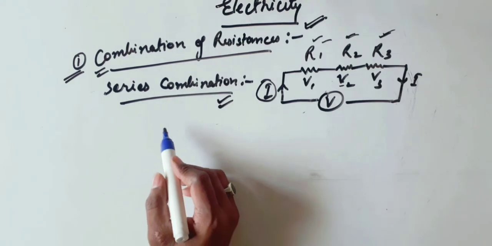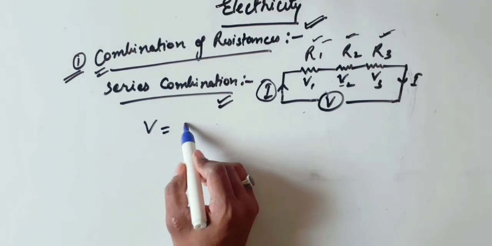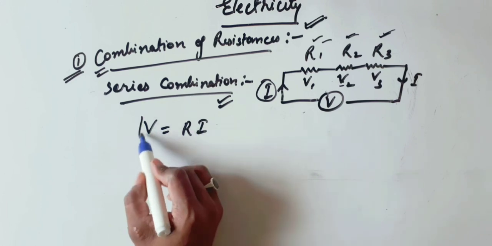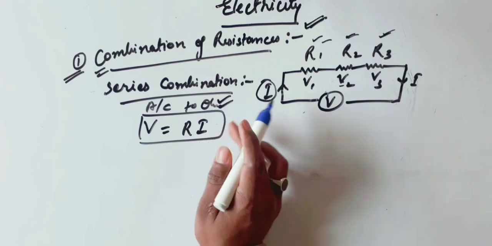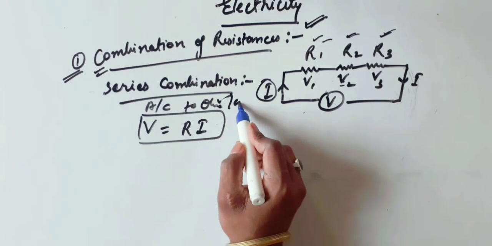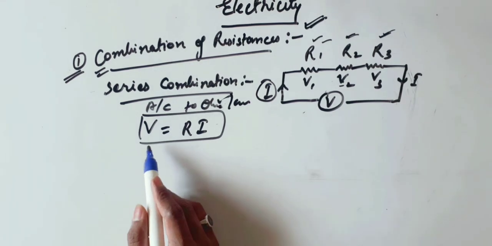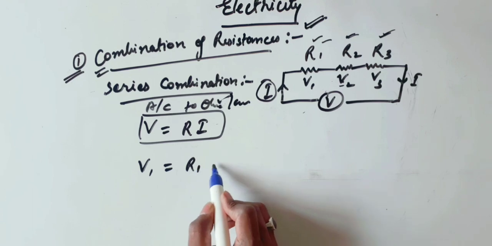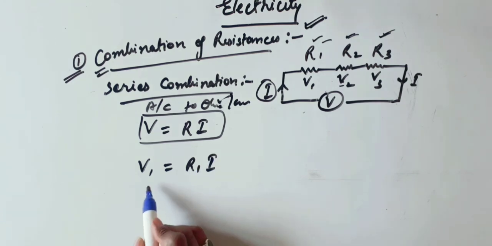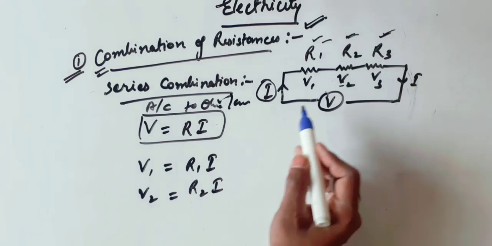So friends, as we know, according to Ohm's law, V is equal to R into I. So for V1 it is equal to R1 into I. For V2 it is equal to R2 into I, because current is constant for all.